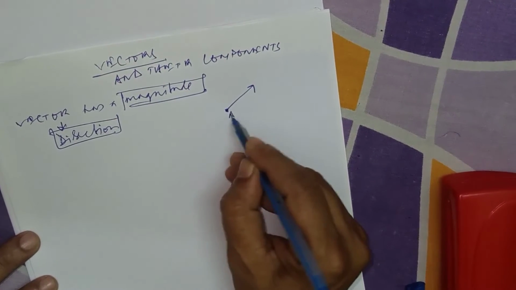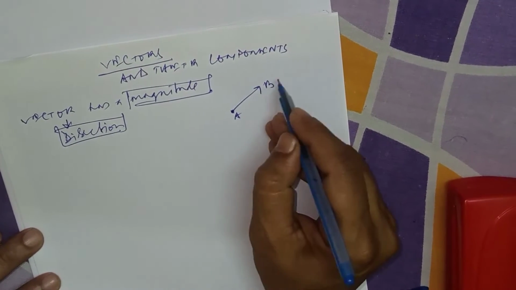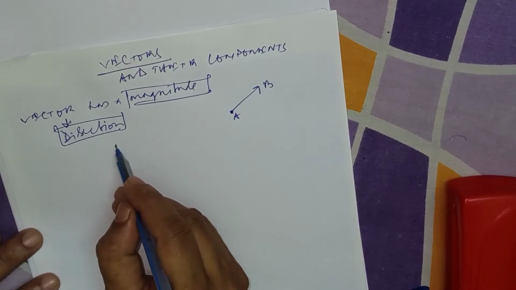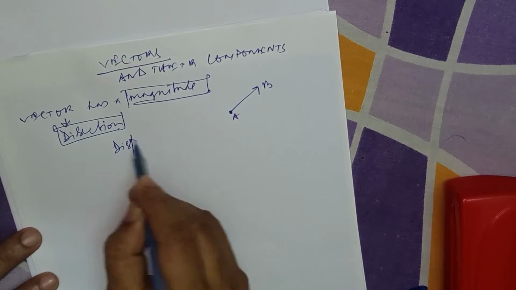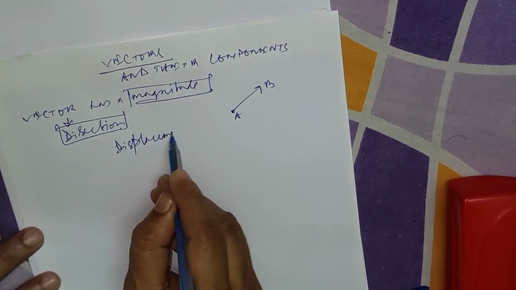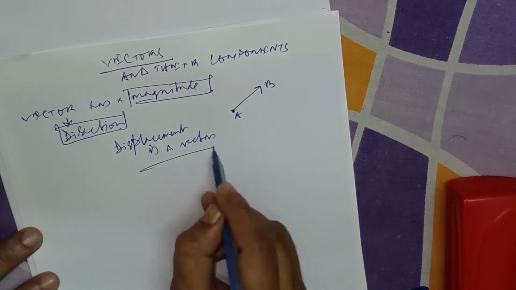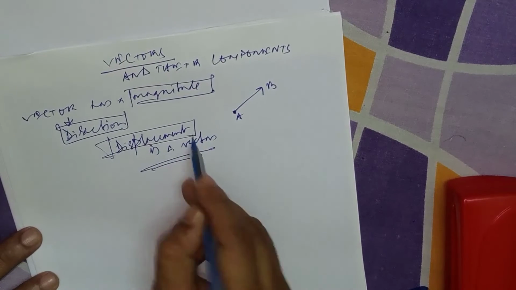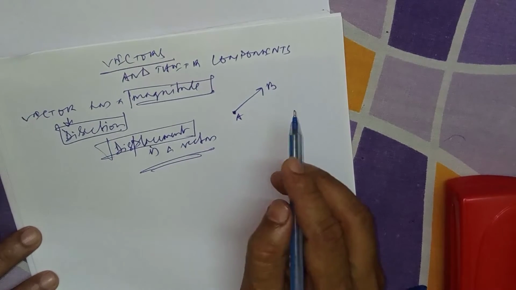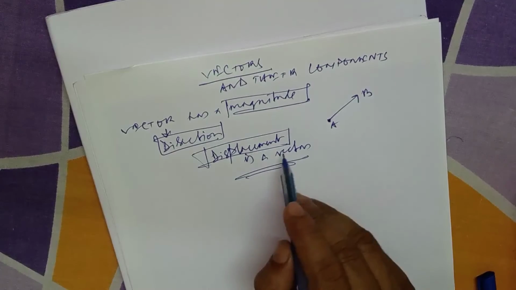from point A to point B. It's a displacement. So any displacement is a vector. Displacement is a vector. Always keep in mind, displacement is a vector quantity.